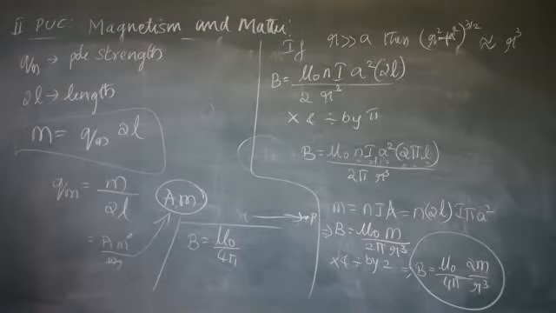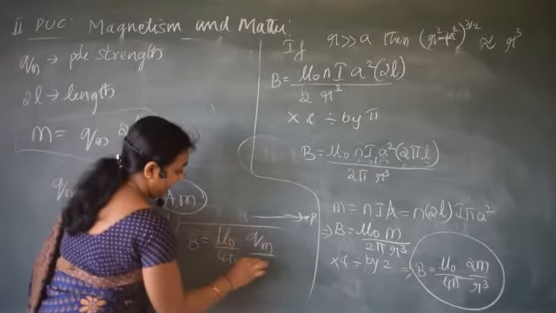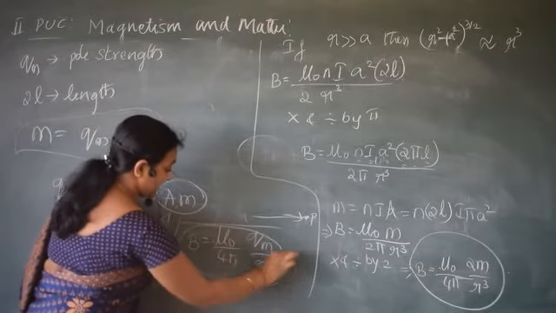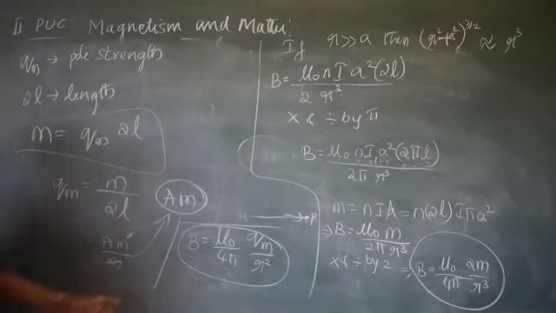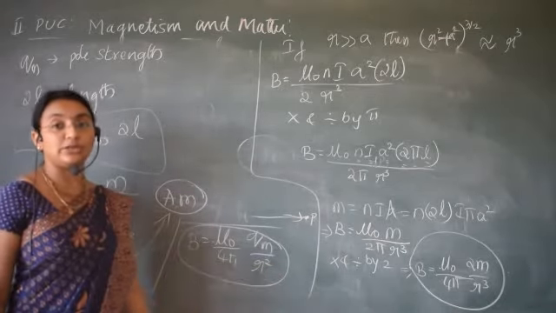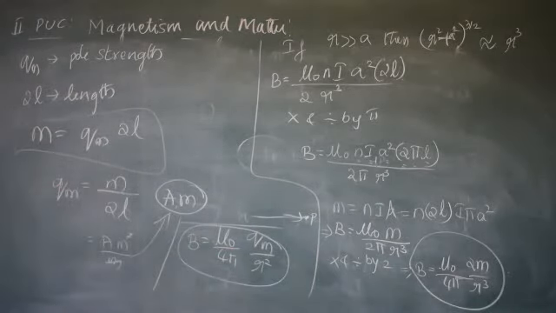See here, we can write M by R square is nothing but Qm, correct? So we can write B is equal to mu naught by 4 pi Qm by R square. There is no derivation. B is equal to mu naught by 4 pi Qm by r square is nothing but the expression for the magnetic field in terms of the pole strength. Okay, this is one of the important expressions for solving the problems.